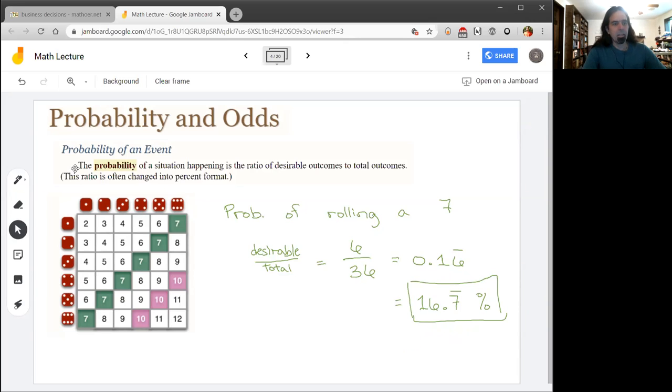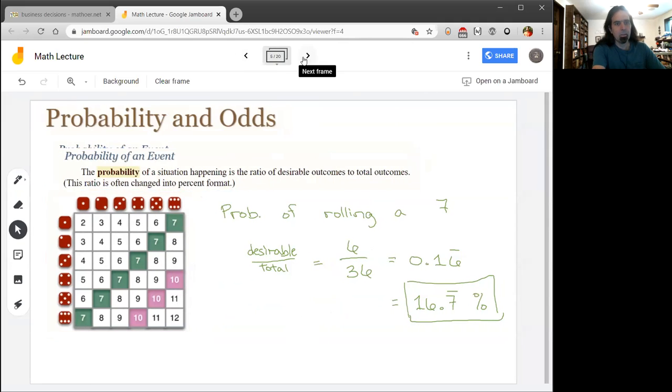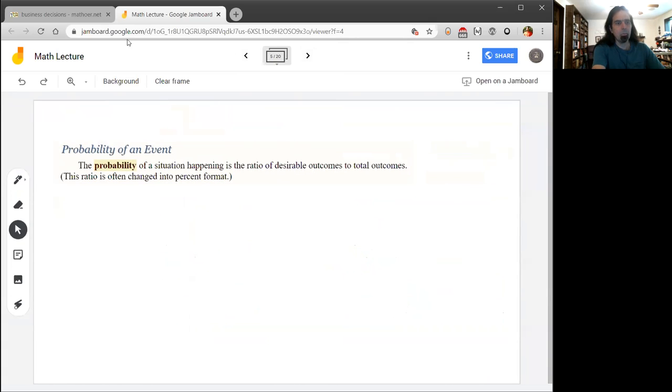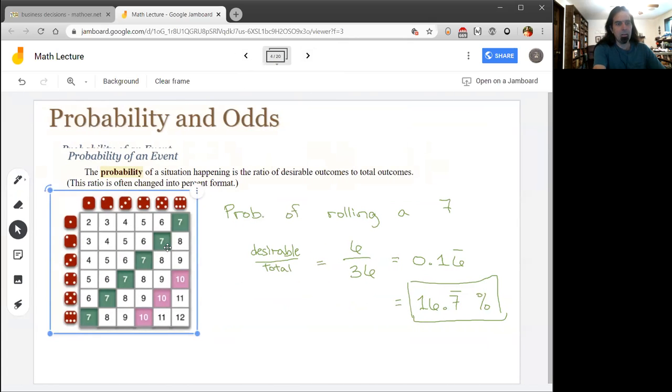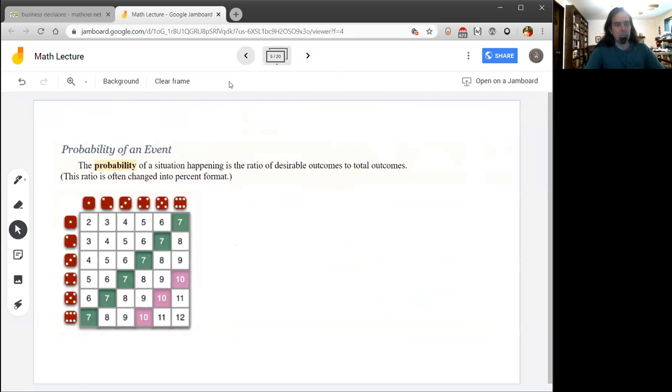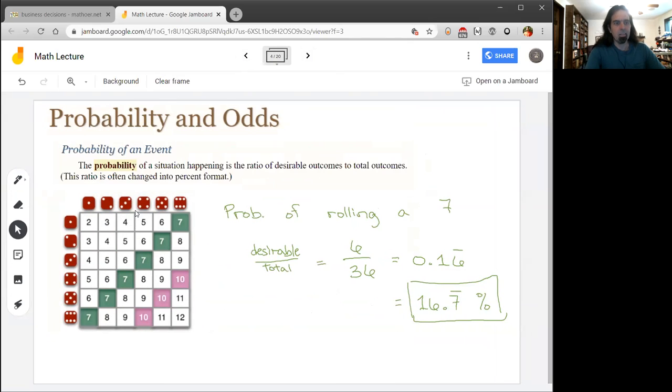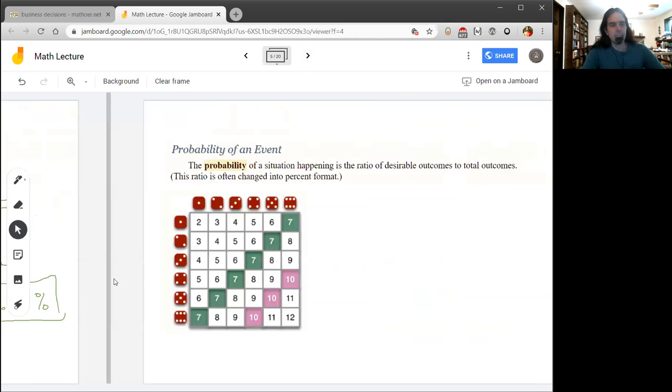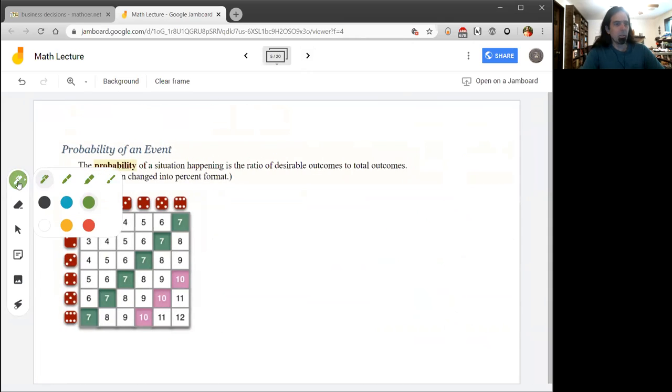We could take the same picture and find the probability of rolling a 9, a 10. I mean, that's the one that's highlighted.